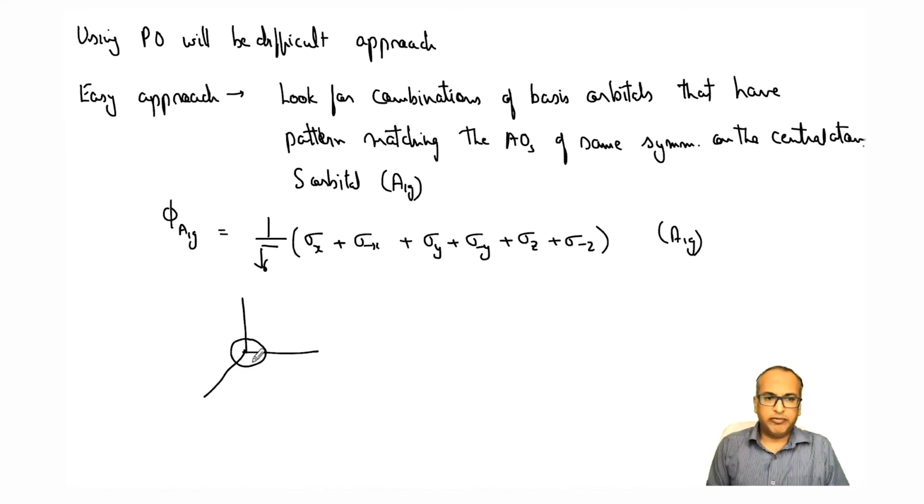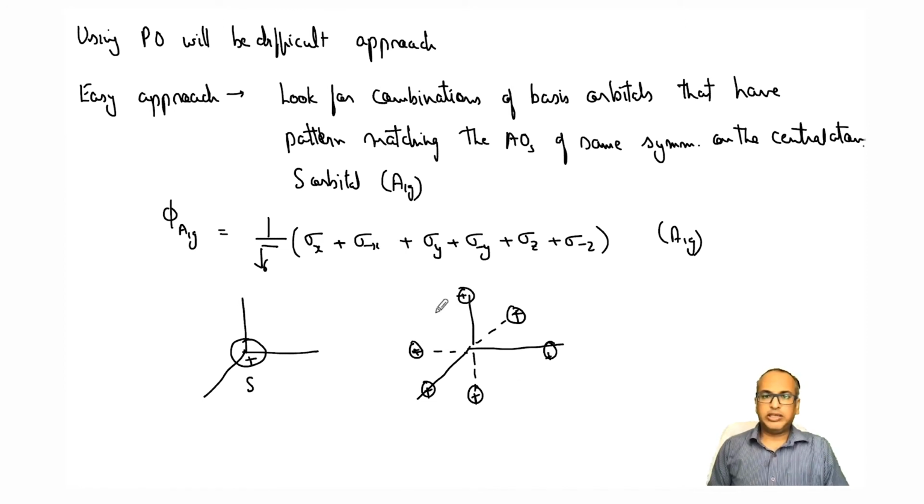So if I have the central metal atom S orbital, which will be positively phased, then my SALC phi A1G can be drawn like this. So I have positive, positive, positive, positive, positive, positive.